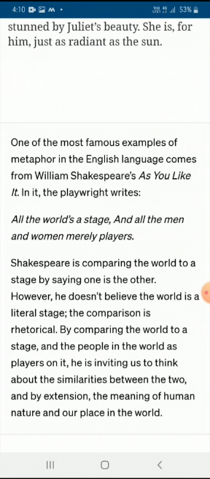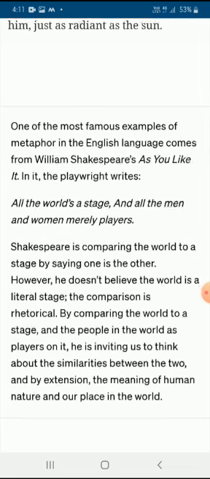However, he doesn't believe the world is a literal stage. The comparison is rhetorical. By comparing the world to a stage and the people in the world as players on it, he is inviting us to think about the similarities between the two, and by extension, the meaning of human nature and our place in the world.